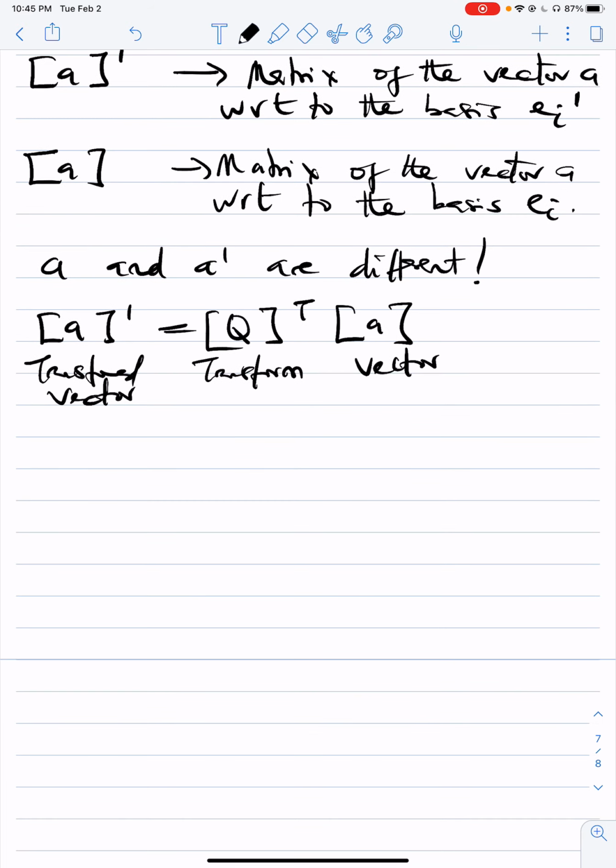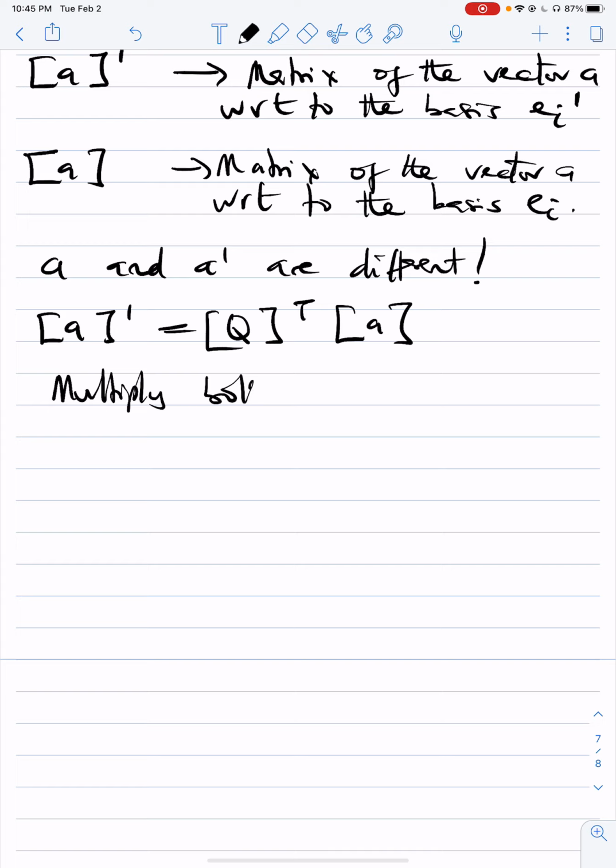So if you have this, let me just remove this. So if you have this, right? Let's multiply both sides by matrix Q, right?